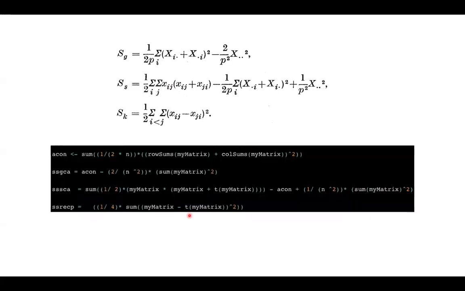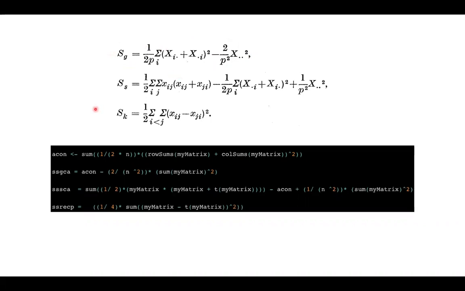So now the parts that you guys are more interested in will start to appear. So here is how you would calculate the sum of squares for you to calculate the mean square of those effects. So here is how the formula was presented in the paper.